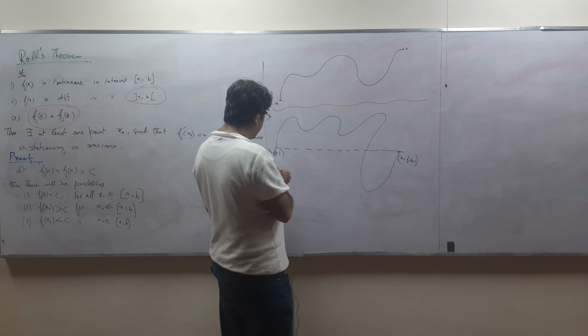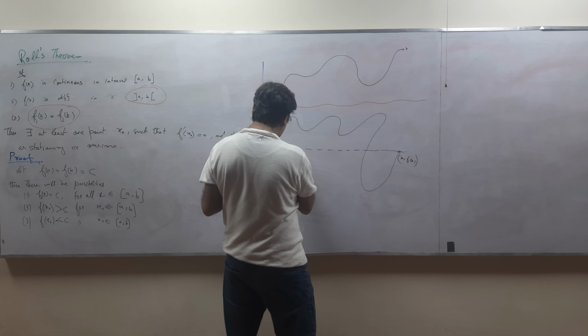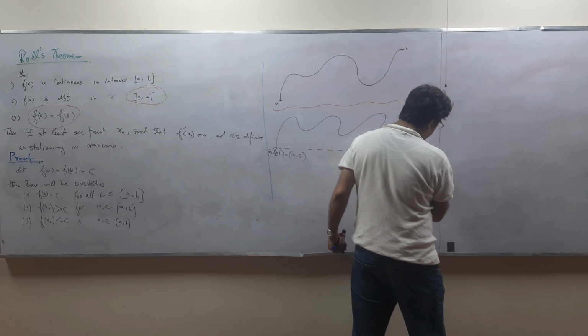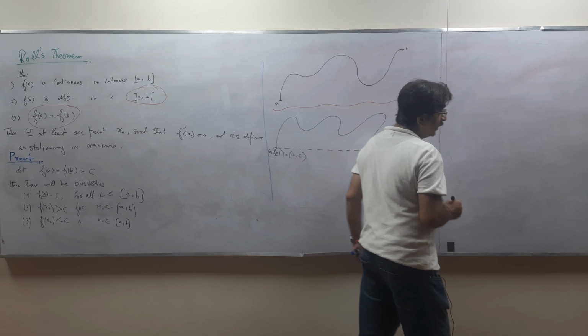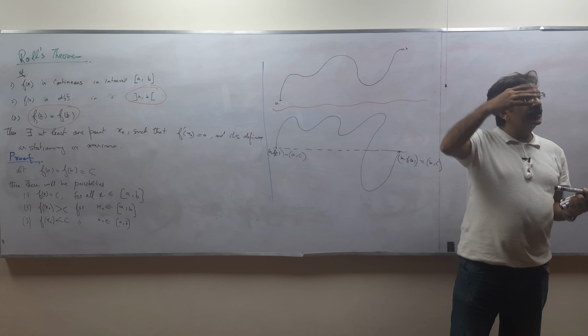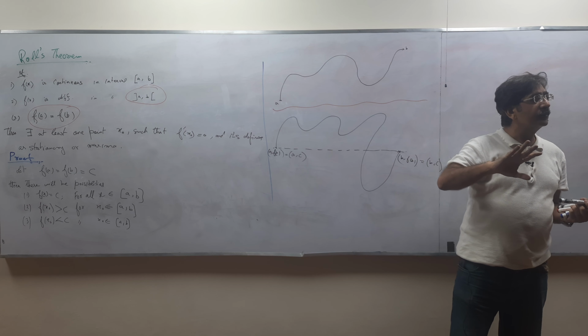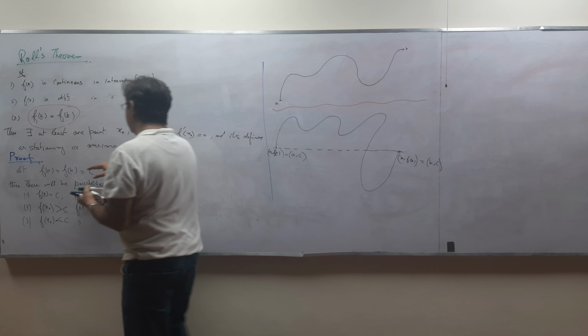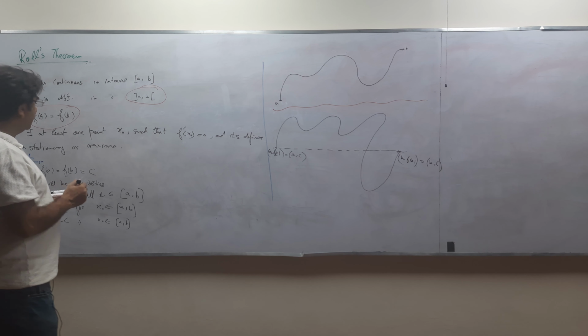Or you may say that this is equal to AC, this is BC. And on initial and final, the curve value is the same. There are three possibilities. Maybe this is a straight line, if I consider the first possibility.